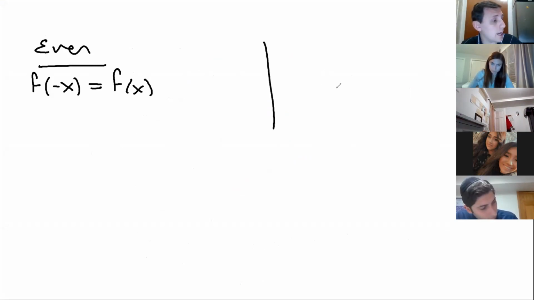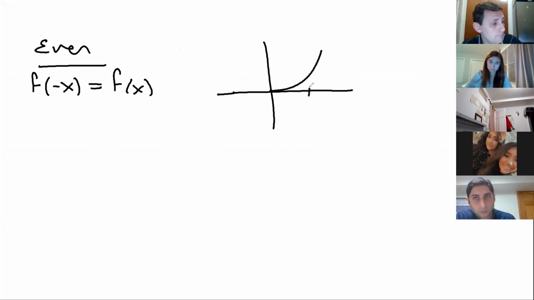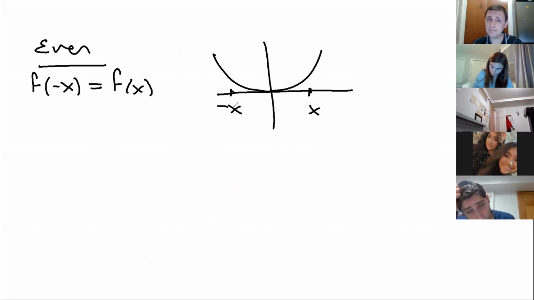It has this type of symmetry. If you take the positive x-axis or the negative x-axis, the function digests them equally. I'm not saying minus x is necessarily negative. I'm just saying that given a number or the negative of the number, the function doesn't care. It will give you the same result.